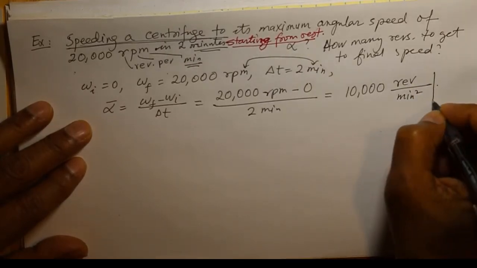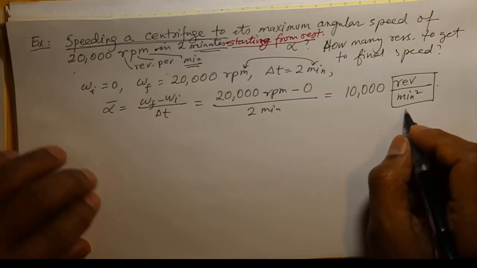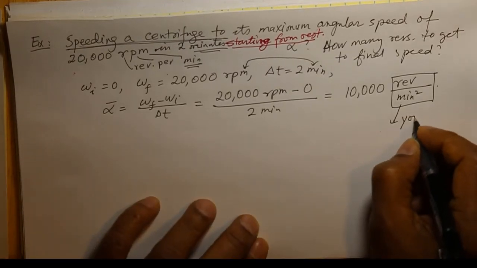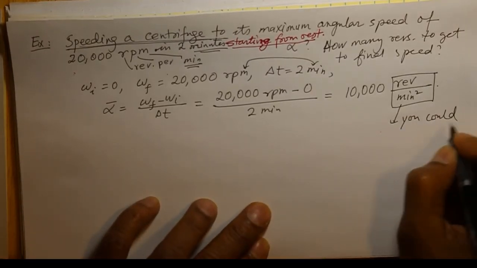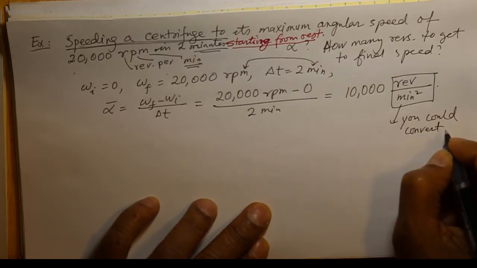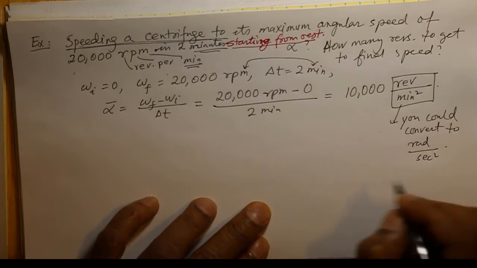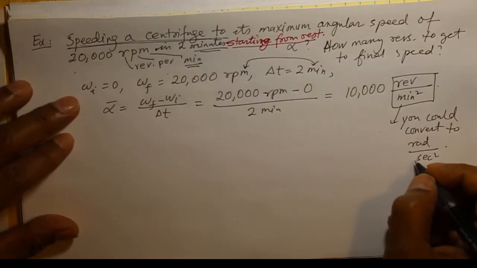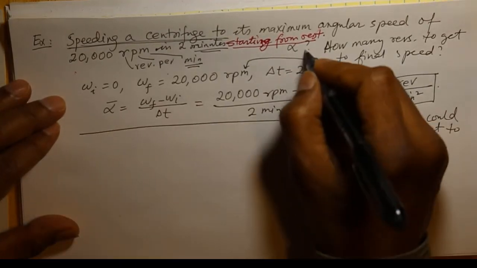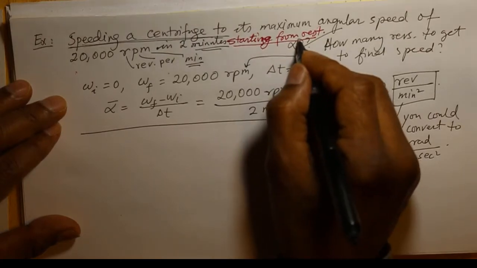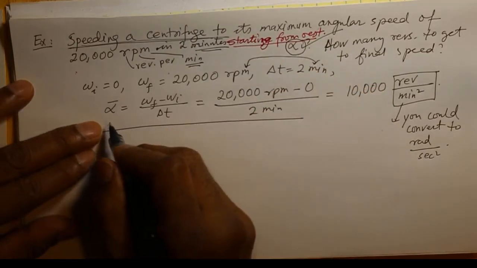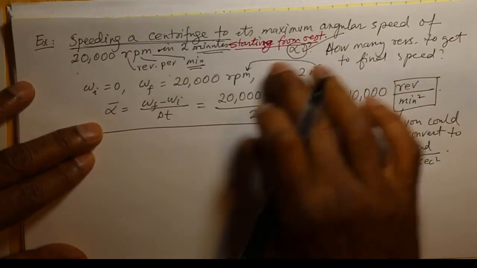This is a kind of weird unit, but if you don't like it, you could convert to radians per second squared. I'm not going to do it. Maybe try it, it's good practice, okay? So I got this done. I asked for alpha, but I got alpha bar because I'm assuming constant acceleration.